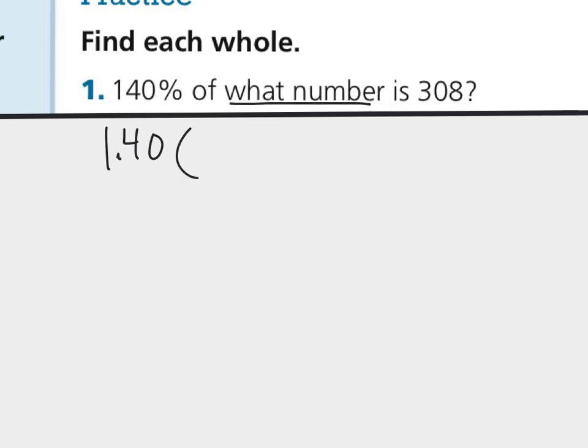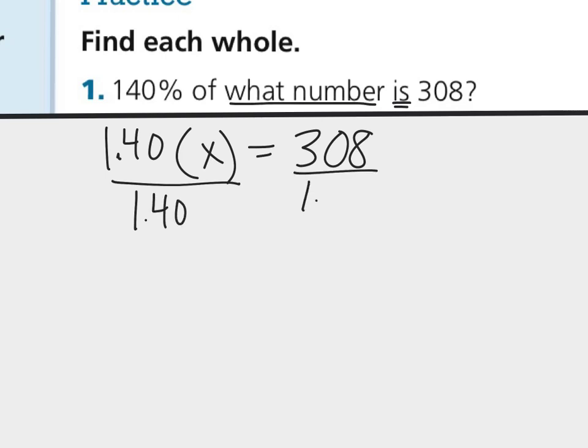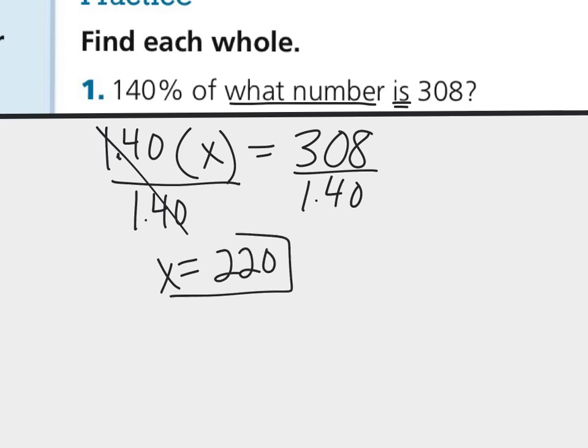Of, so times what number, that's what we're trying to find, whatever variable you want to use. Is means equals 308. So again, they are multiplying. To get rid of that, we need to divide on both sides. And when you do that, you should get 220. So 140% of 220 is 308.